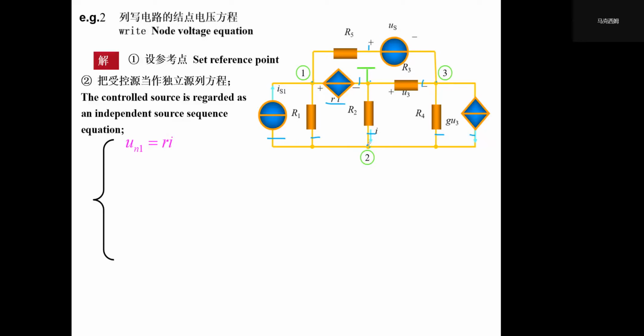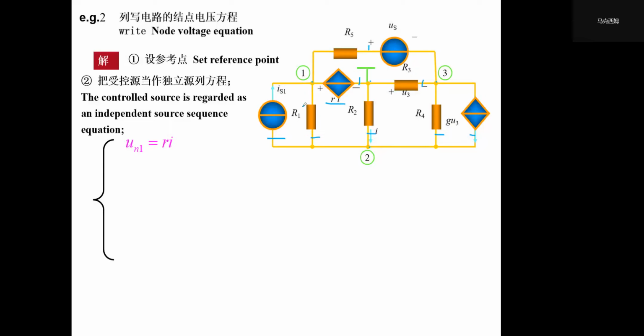Then we can go directly to node 2. Node 2 is connected to 1, 2, 3, 4, 5 branches. So its self-conductance is 1/R1 plus 1/R2 plus 1/R4. There's only one branch connected to point 1 and one branch connected to point 3.